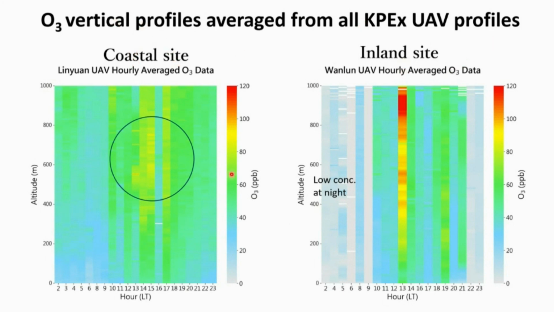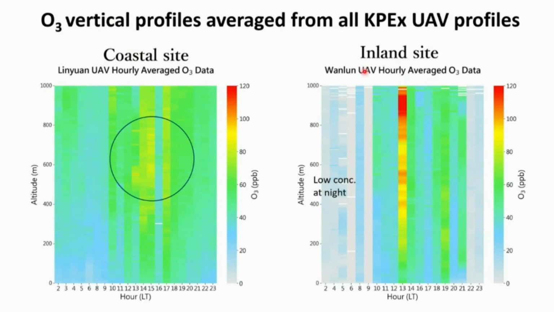On the coastal side, we see the ozone concentration always has a higher value at the higher level, around 600 meters high. This gives us a very good idea: high ozone concentration is not only seen at the surface at noon time, but even higher concentrations at a higher level from our UAV measurement.